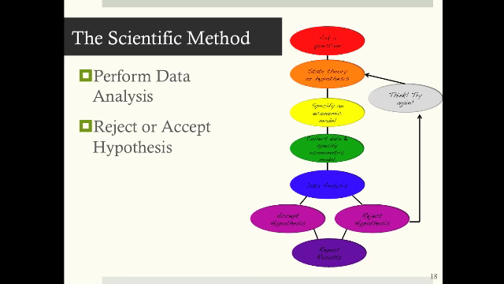And then I'll reject or accept my hypothesis or my prediction that higher attendance leads to a higher exam average. And if I accept my hypothesis, that's great. I'll report those results. If I reject my hypothesis, I'll have to start over again. Maybe rethink the assumptions, rethink the model.